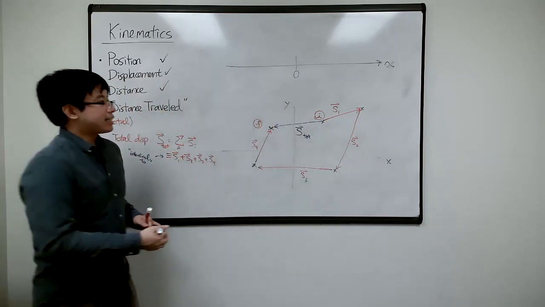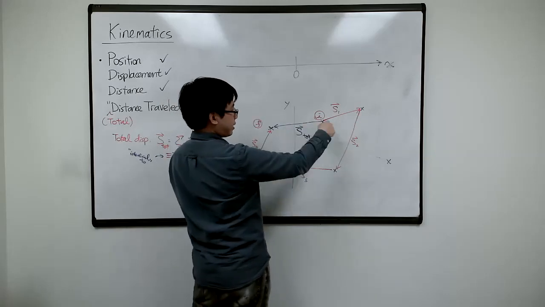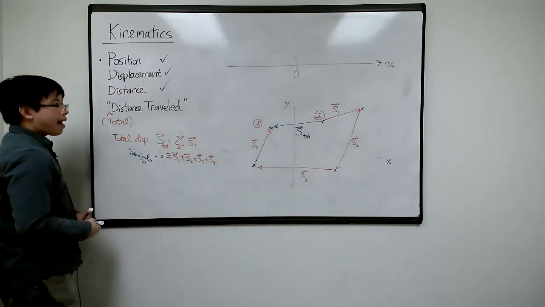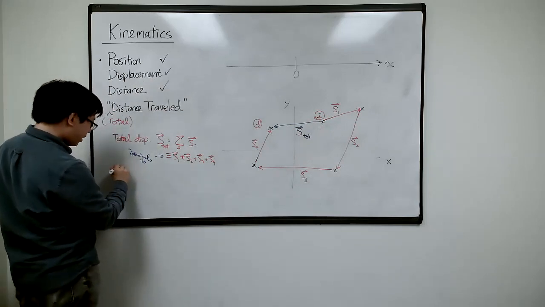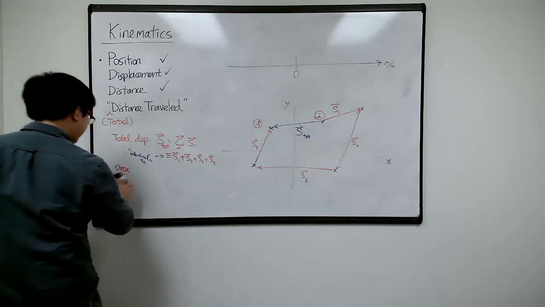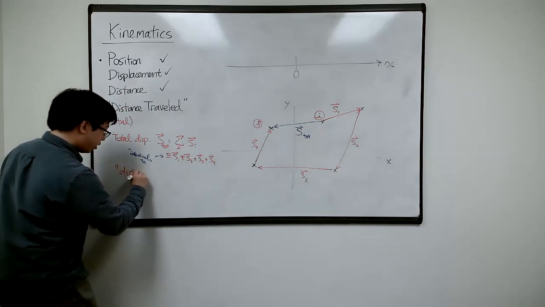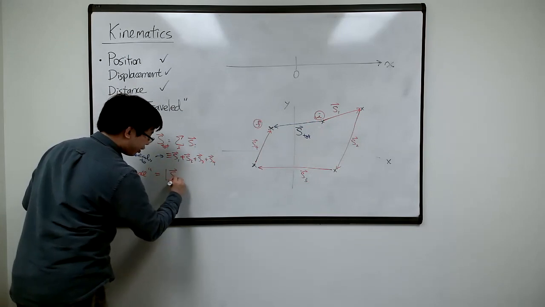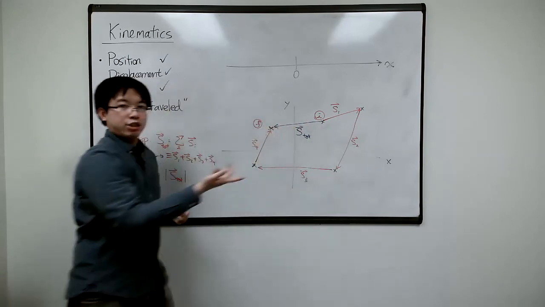The distance is, what is the distance between initial and final? Well, it's just here, right? Whatever that distance is. So it's just the magnitude of that. When we say distance, usually that just means the magnitude of that, so that would be the distance from initial to final.